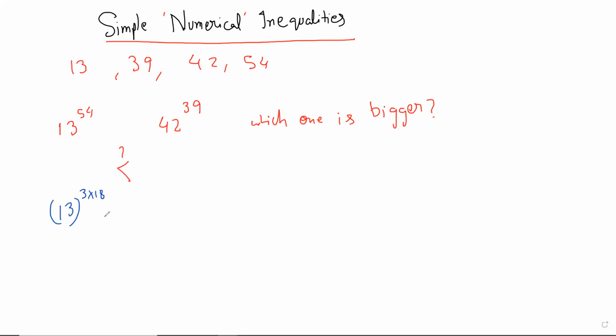Yes, so it won't be 3 raised to 18, it will be 3 times 18. Okay. So let's give ourselves some time and think about this. It's like an MCQ type question.